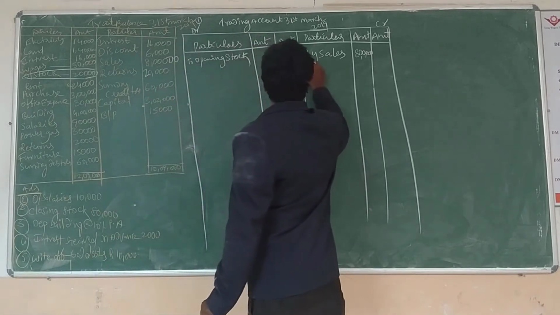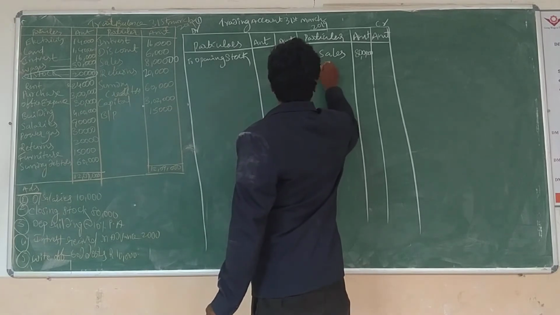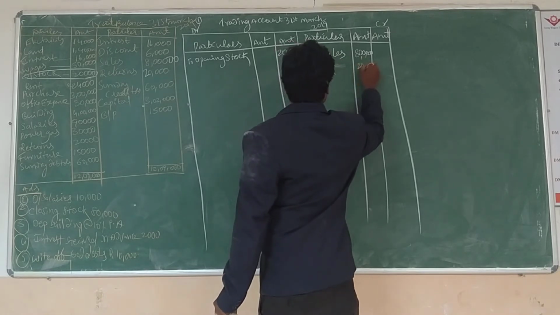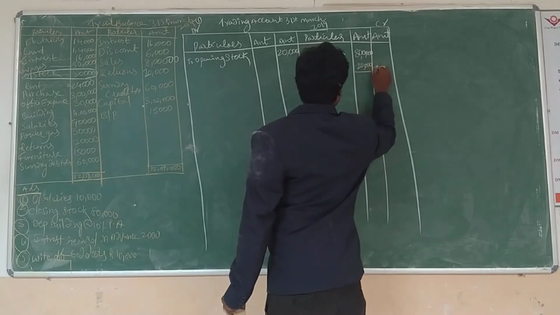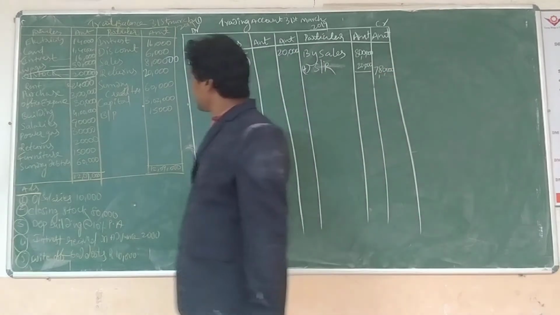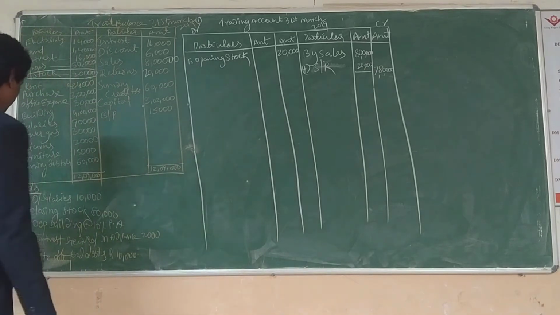Sales of 8 lakhs minus returns of 20,000 gives 7 lakh 80,000.